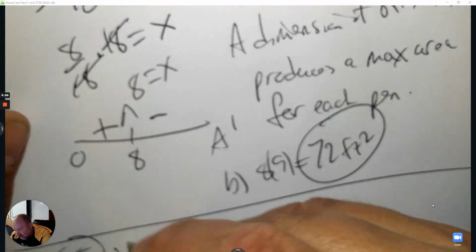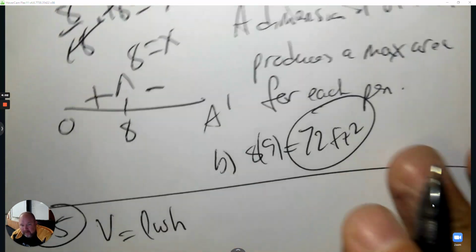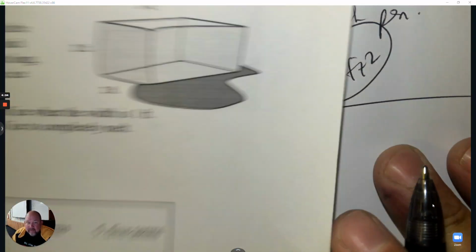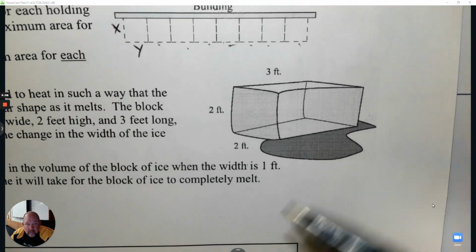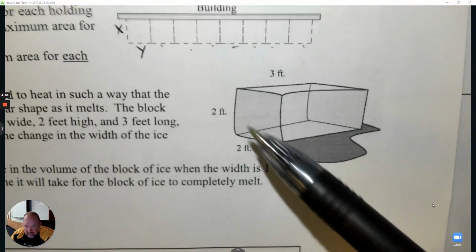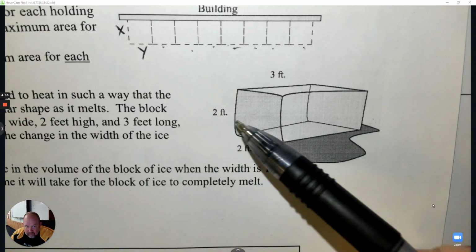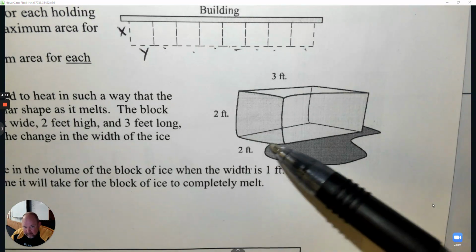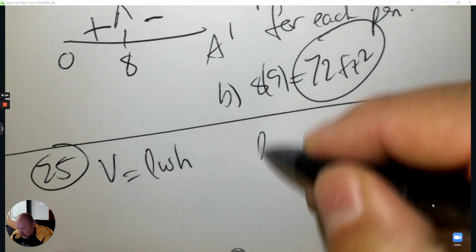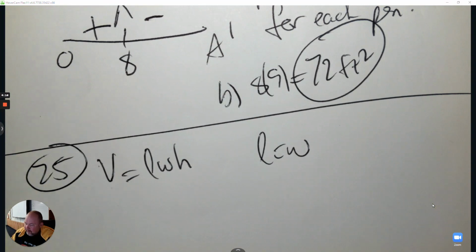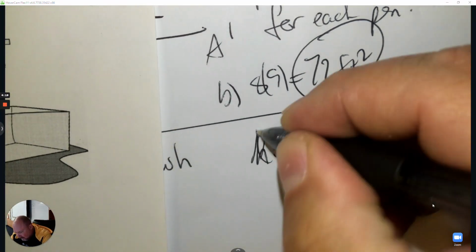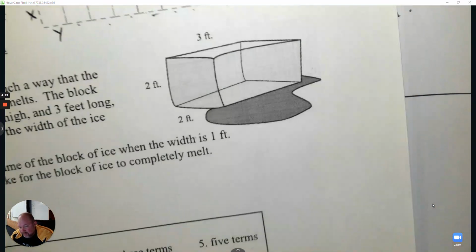So volume is length times width times height. When I look at it, if it's in ratio to each other as it's melting, the height and the width are equal to each other.